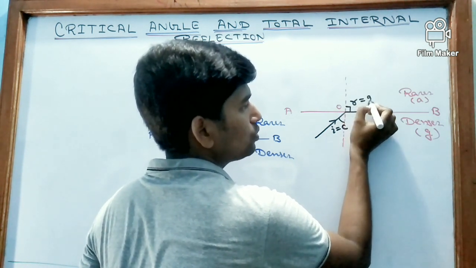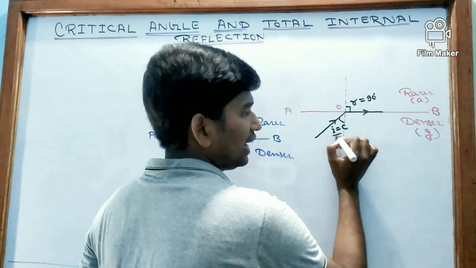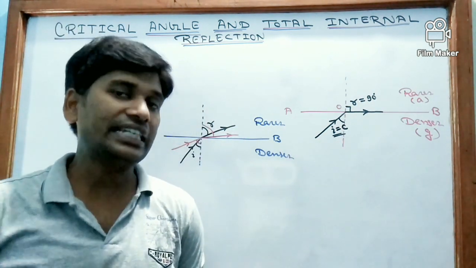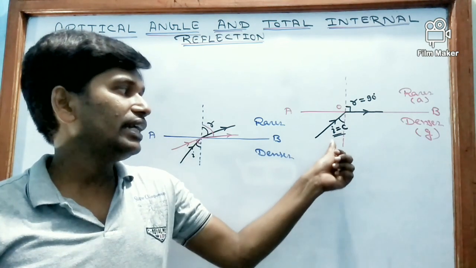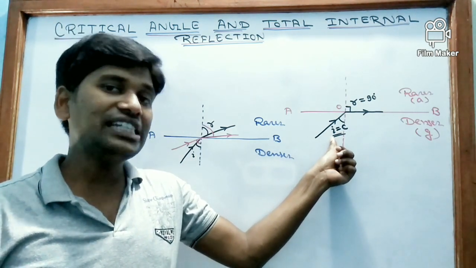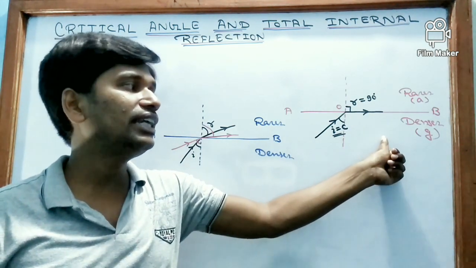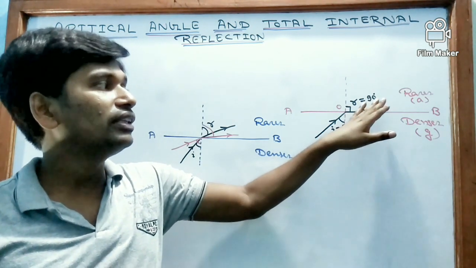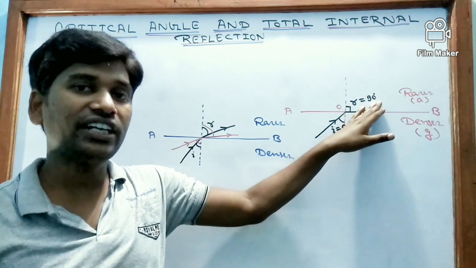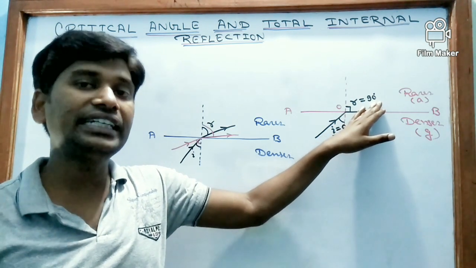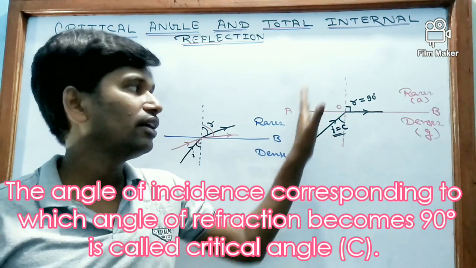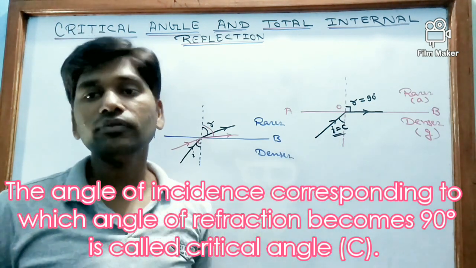This r equals 90 degrees. Then this angle is called the critical angle. So we can define critical angle as the angle of incidence in the denser medium for which the angle of refraction becomes 90 degrees.